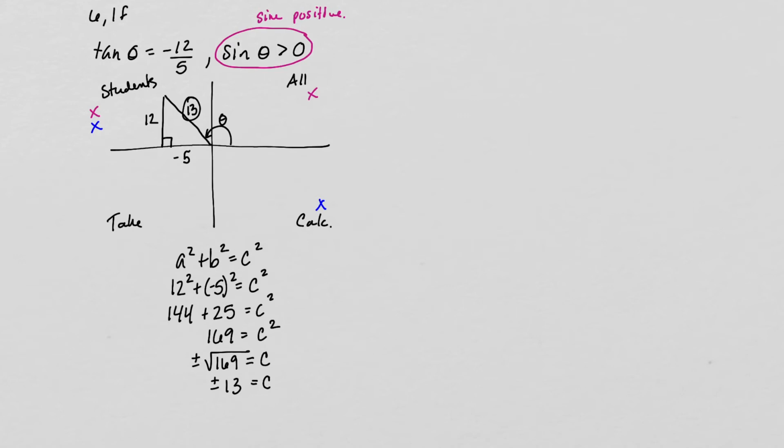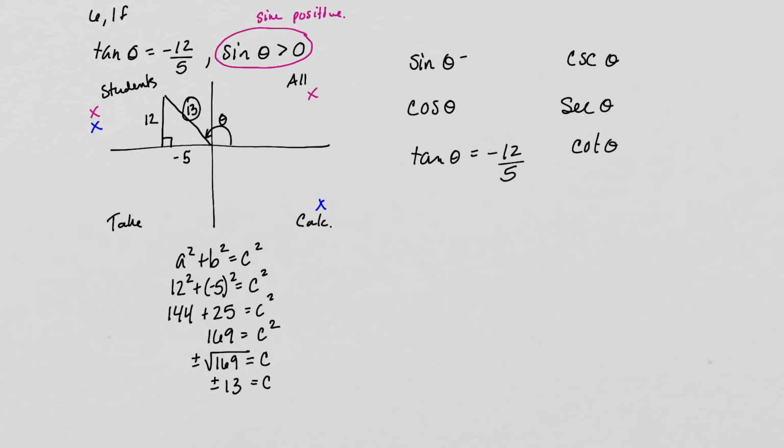So now I can just figure out all the trig values, right? So I'm looking for the sine of theta, the cosine of theta, the tangent of theta, which they already gave us, right? It's negative 12 over 5. The cosecant of theta, the secant of theta, and the cotangent of theta.